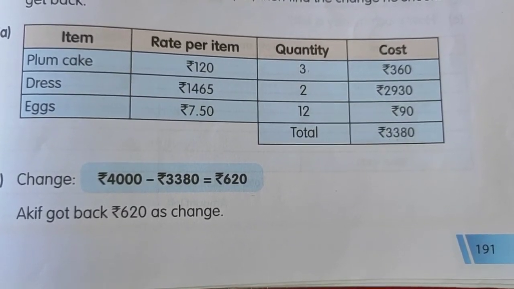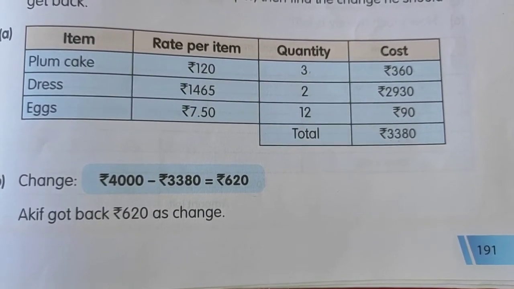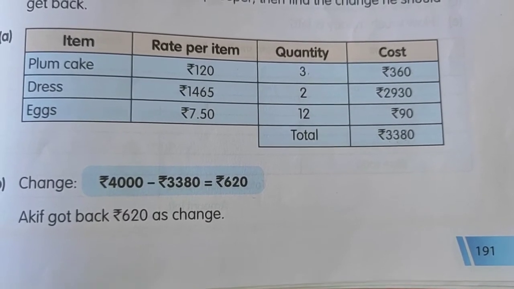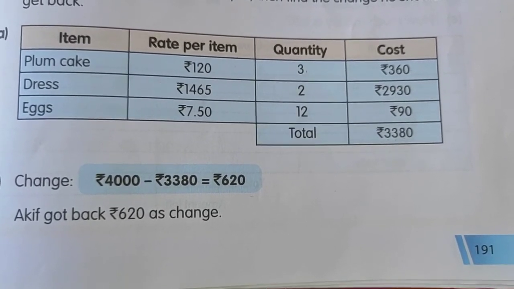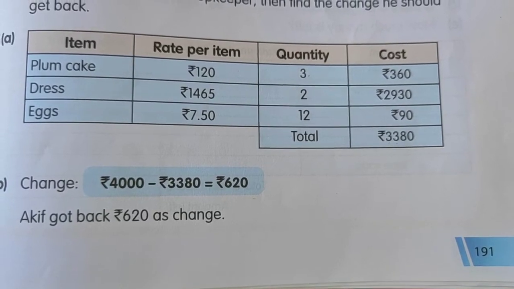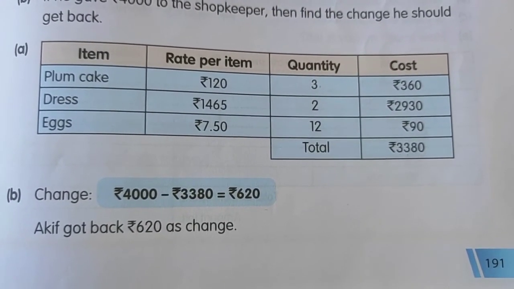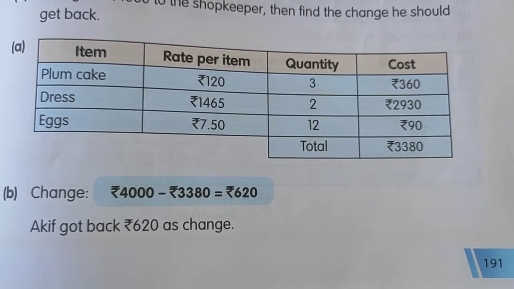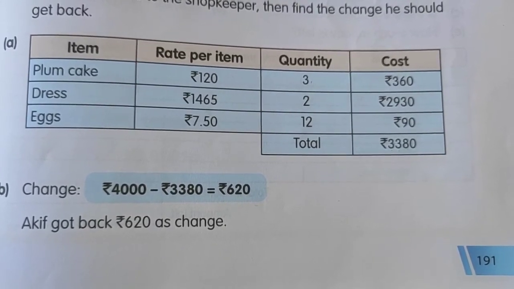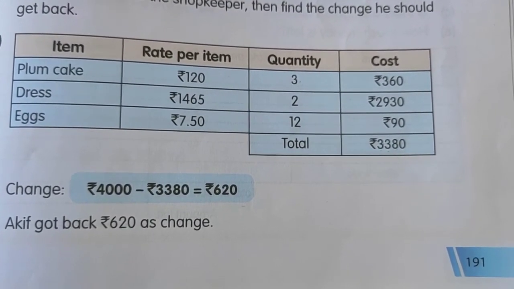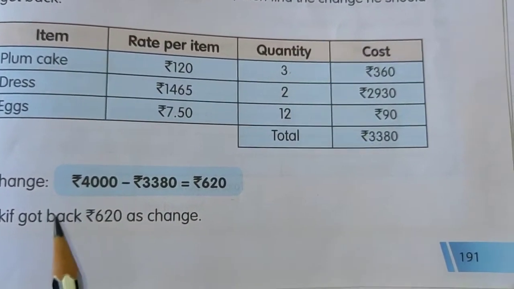You are going to a shop and purchasing one book which has a value of 90 rupee and you are giving 100 rupee to the shopkeeper. So that shopkeeper will give you 10 rupee back. So how are you getting it? 100 minus 90.